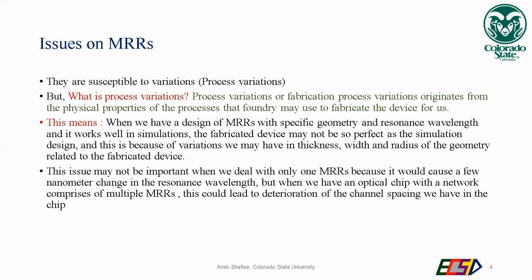This may look like a trivial issue when we are considering only one or two MRRs, but in a single device, there are multiple MRRs used, and these variations will accumulate for each of the MRRs and have a drastic effect on the output of the device.